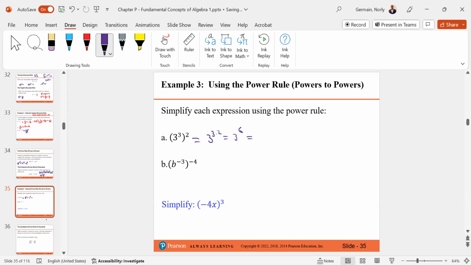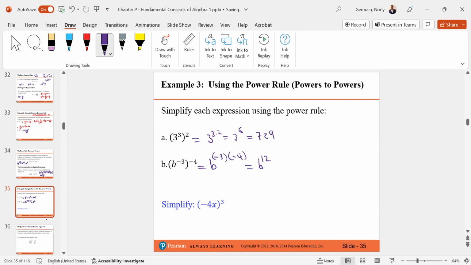Now, grab your calculator, because in this class you can use a calculator. If you do 3 to the power 6, it's going to give you 729, because we tried that before. Now, if you have variables, the b stays b. Remember, it's negative 3 times negative 4. Two negatives in multiplication give what? Positive 12. And that's the exponent.